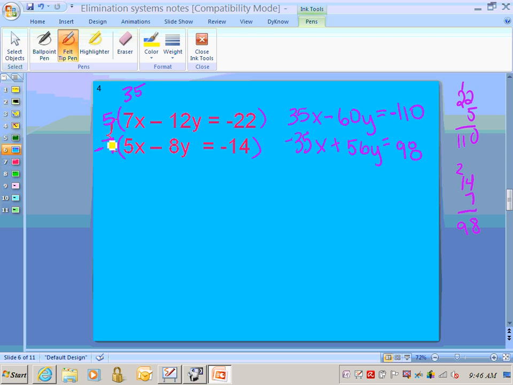Okay, now let's add. My x's make 0. Negative 60 and 56. Negative 4y, very good. Negative 110 and 98.